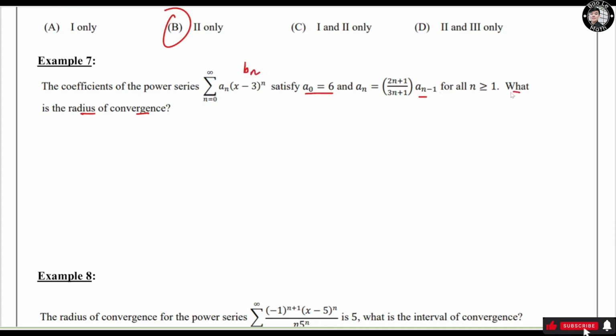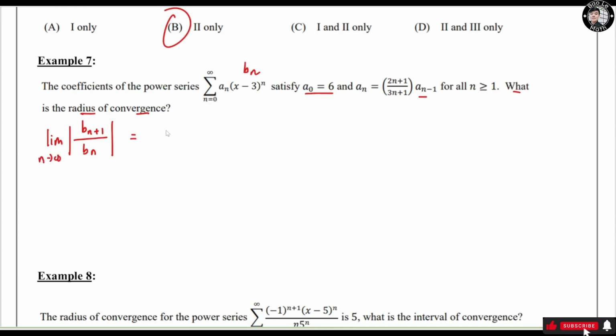In order to find the radius of convergence, I need to use the ratio test, right? So I have the limit of the absolute value of b sub n plus 1 over b sub n when n approaches infinity, right?